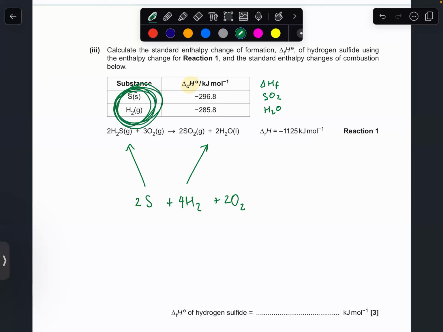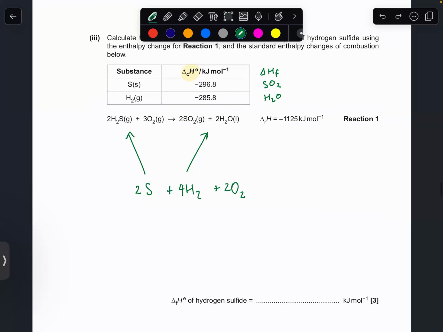They're reacting with oxygen, which is also in its standard state. So these give you formation values. The fact that they've given you it as combustion, it's easy to get confused. I hope that makes sense. I'll just repeat that: the enthalpy change of combustion of these two is the same as the enthalpy change of formation of these two. So they're playing on words here.